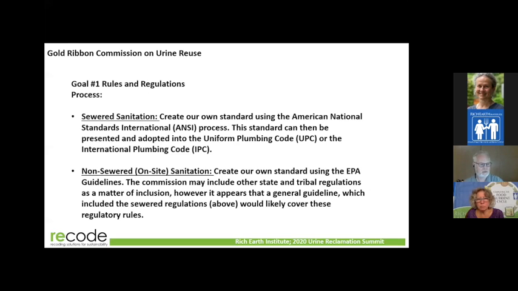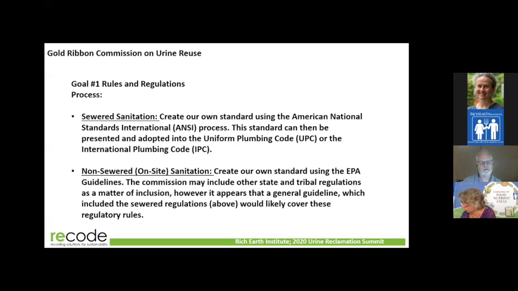From there, I'm going to talk a little bit about how we're going to go about doing this. Essentially, we can create one standard and adopt it for sewerage sanitation and non-sewerage sanitation applications. We can branch off from those two big headings and get into finer aspects of rules and regulations.